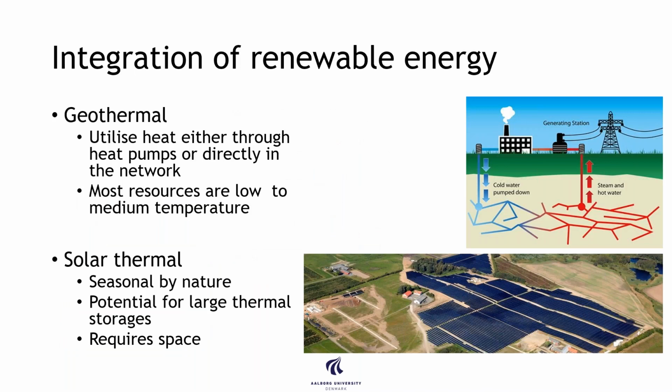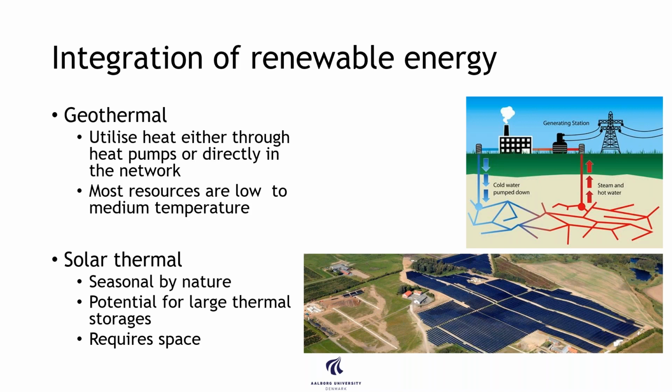So when we want to integrate renewable energy, two options besides having wind and PV to a heat pump are that geothermal is an option, where we can utilize the heat either directly or through heat pumps if we do it as a shallow drilling, where we don't get the temperature high enough to go directly into the grid.